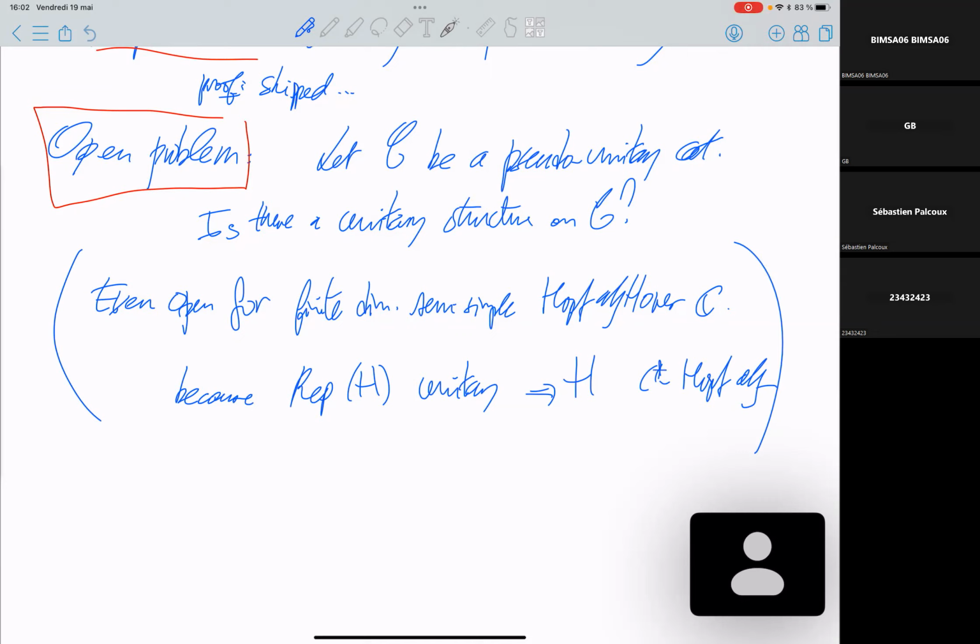So all the examples we know admit the star structure, thus unitary.